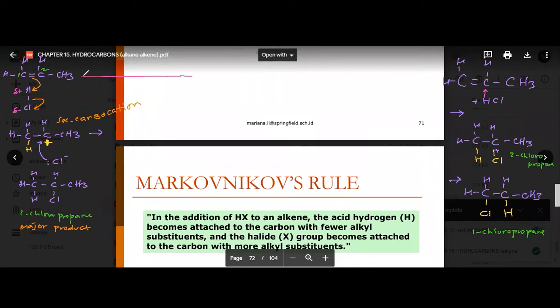The other possibility of how hydrogen attaches to the C double bond is to the second C. This is hydrogen from the initial molecule, and this is hydrogen from HX. You can see that this carbon is positive now. This is a primary carbocation.